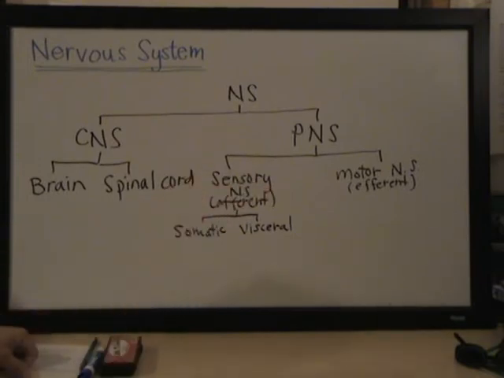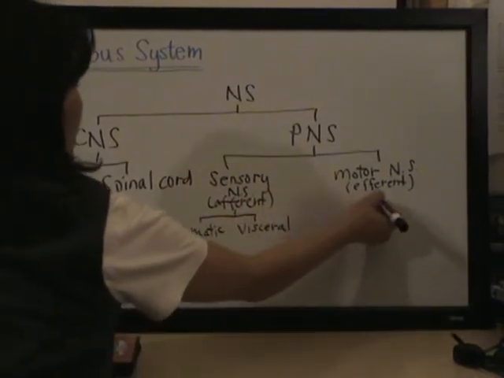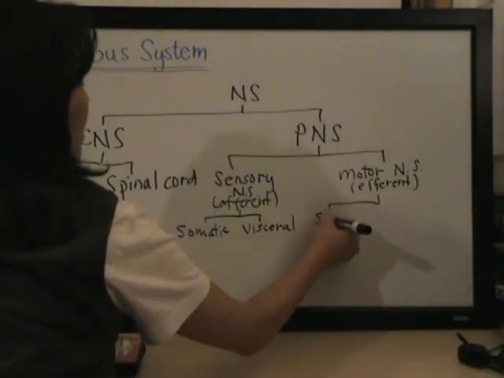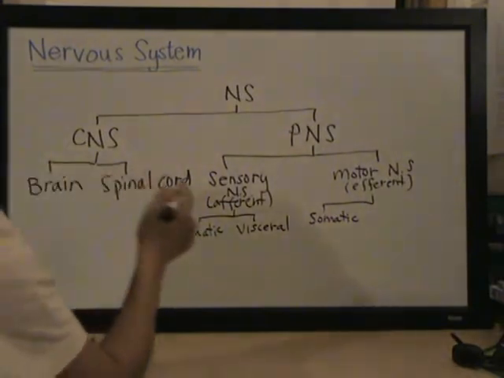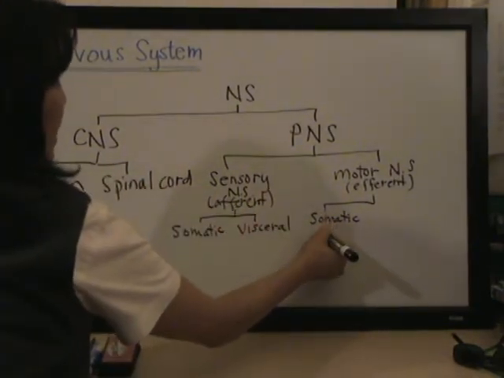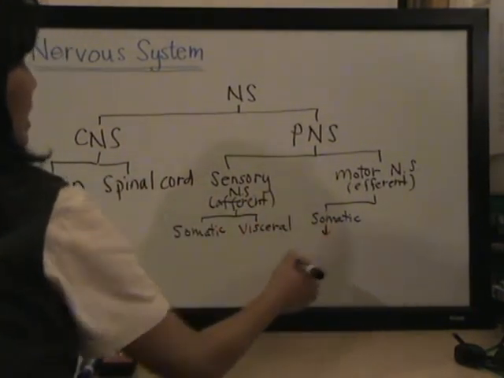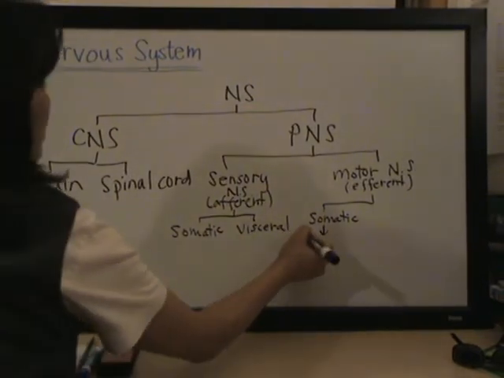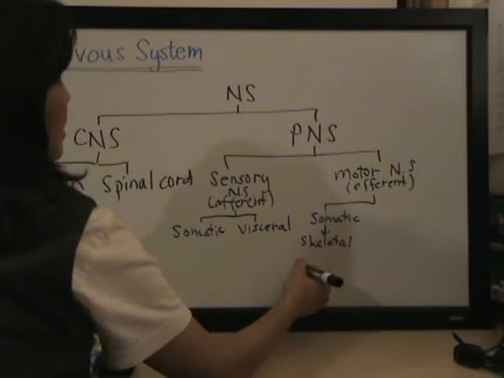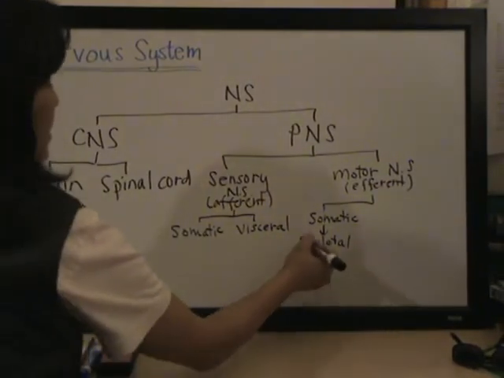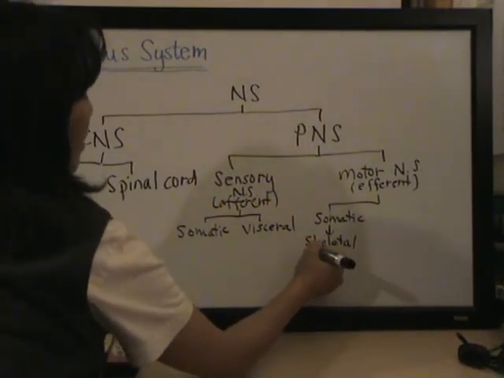The motor components can be divided up into a somatic part also, and this pathway leads to skeletal muscles. So this is a voluntary pathway.